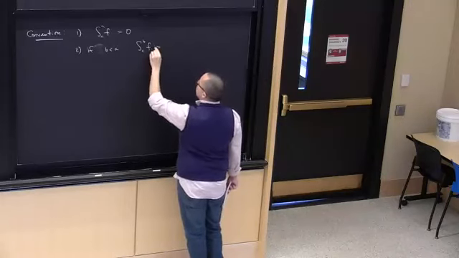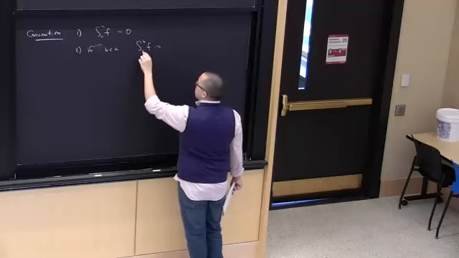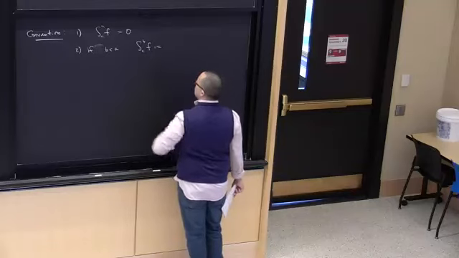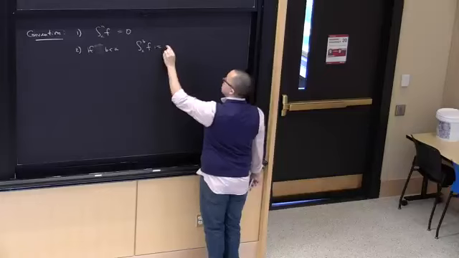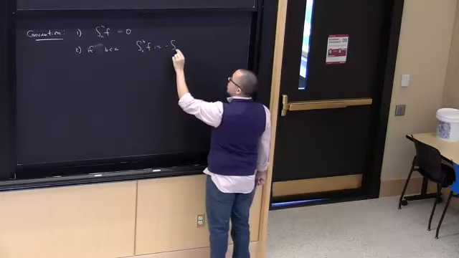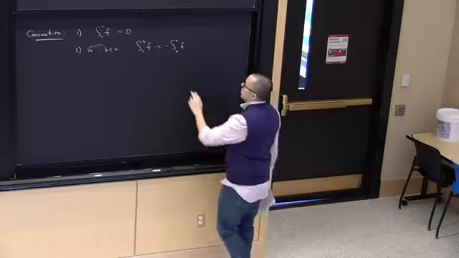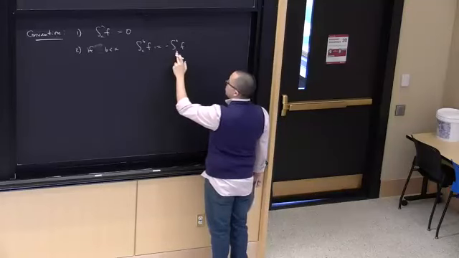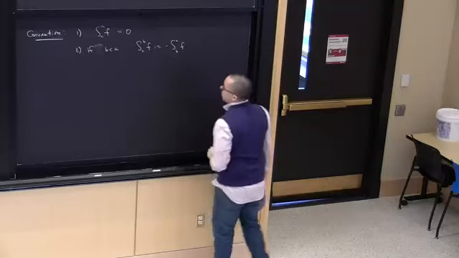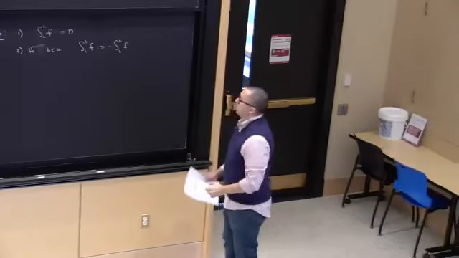Whenever I write this symbol with the bigger number on the bottom and the smaller number on the top, you should read this as minus the integral of f, with the numbers in the right place, meaning the smaller number on the bottom, the bigger number on the top.